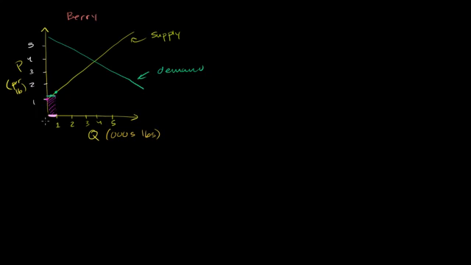Now, let's say that we wanted them to produce another 1,000 pounds. So we want the whole market, or this entire farm, or maybe it's multiple farms, to produce a total of 2,000 pounds. What would we have to do? Well, same exact thing. We're assuming that the market is already producing that first 1,000 pounds. So now we have to think about what they are giving up to produce that next 1,000 pounds.